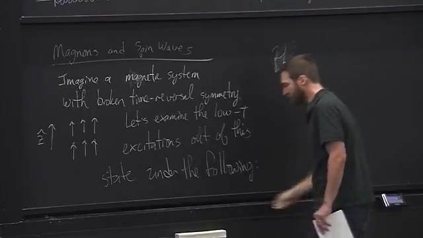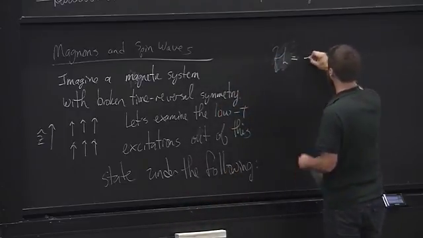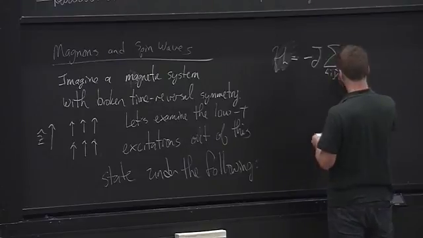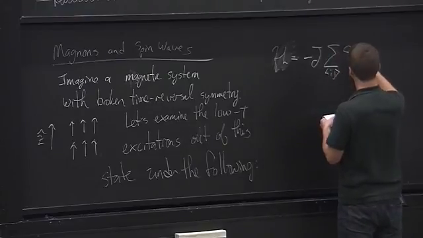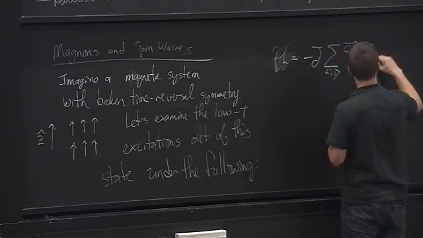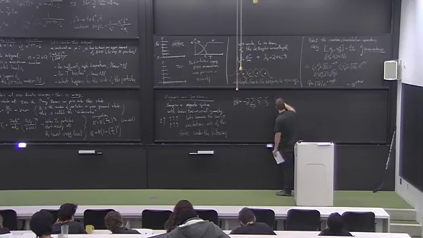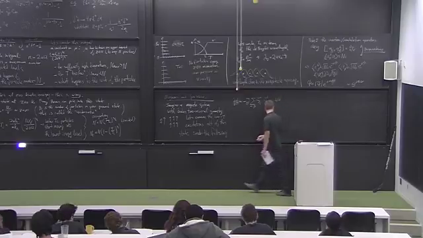My Hamiltonian is going to be not the Ising model, but the so-called Heisenberg model. I'll just write it like that. So that's a classical Heisenberg model.